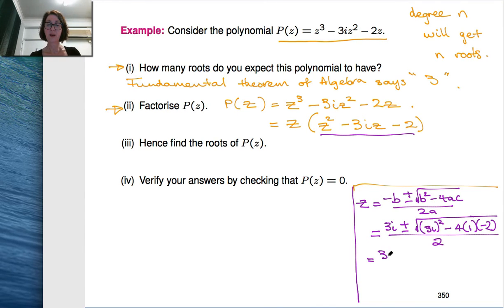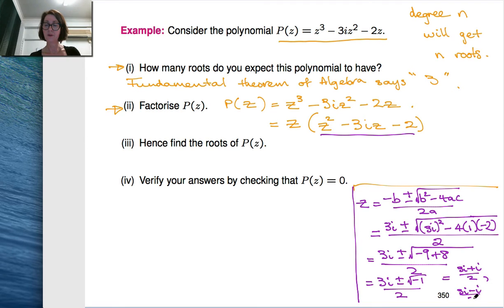So this is 3i plus or minus the square root of 3i squared is just minus 9. And there's 2 minuses, so that's a plus. So that's going to be plus 8 on 2. So this is 3i plus or minus the square root of minus 1 over 2. And the square root of minus 1 is just i. So this is 3i plus i over 2, or 3i minus i over 2.